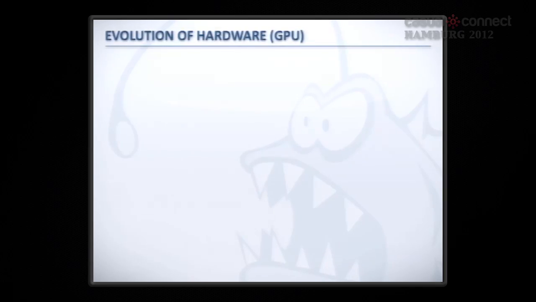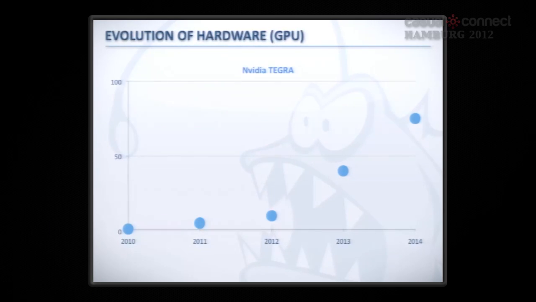So this was the CPU, now comes the GPU. We had a close relationship with NVIDIA, and NVIDIA shared their roadmap with the audience, and I wanted to share it with you as well. When we see the roadmap of the NVIDIA Tegra chipsets, in 2010 the Tegra 2 was announced.